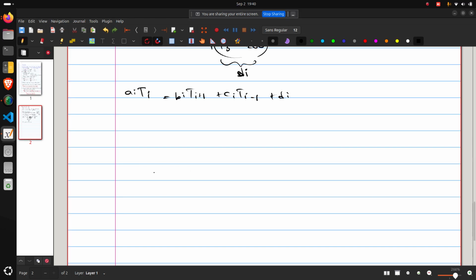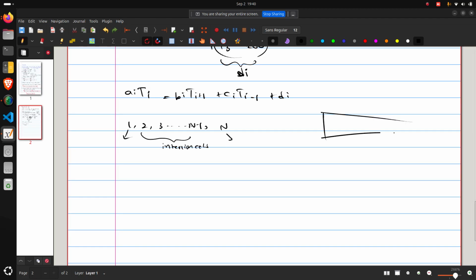Here there will be cells like 1, 2, 3 going to n minus 1 and n. These cells will be the interior cells, and these will be the boundary points.